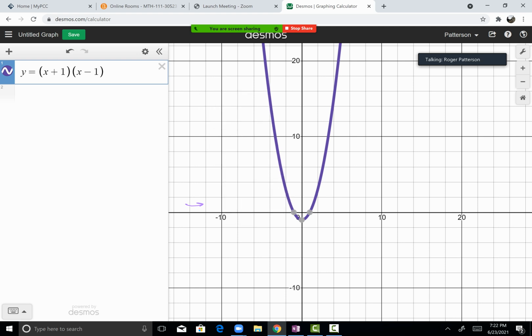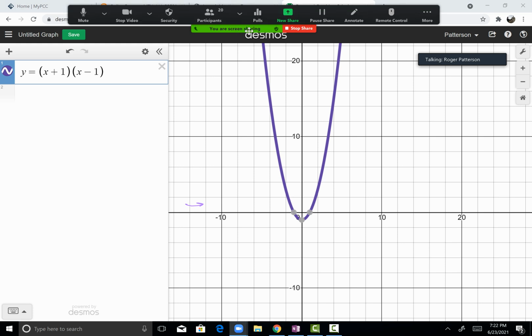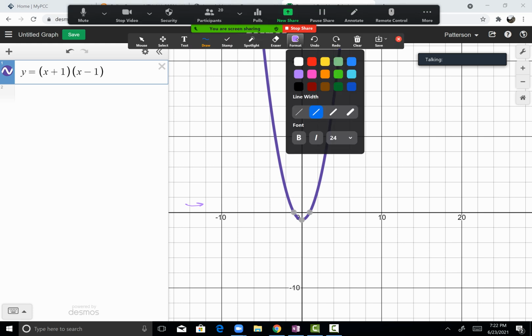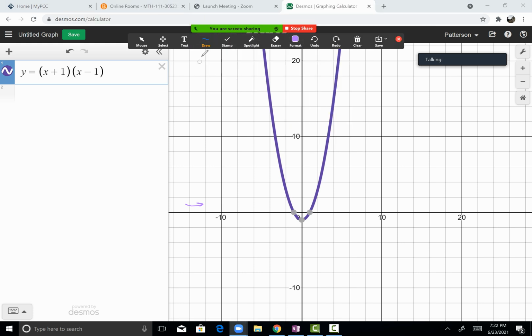So we say that this function is decreasing going left to right. So we would say from negative infinity to some point, this function is decreasing.